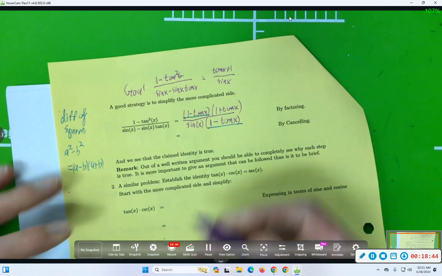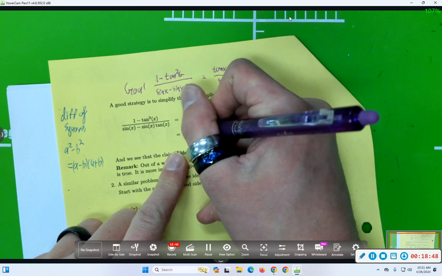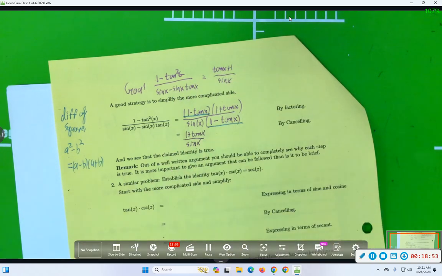By canceling, this looks like we wind up with 1 plus tan x in the numerator divided by sine x in the denominator. All right. Is that what I wanted to simplify it down to? Cool. That's the whole story in this proof. This identity is true because you can factor out and you can cancel.